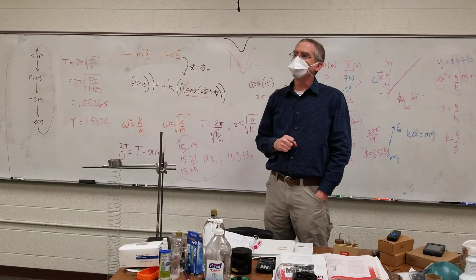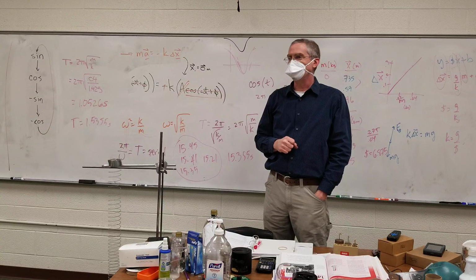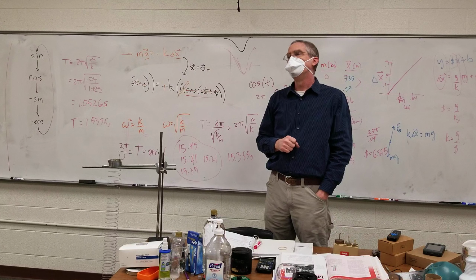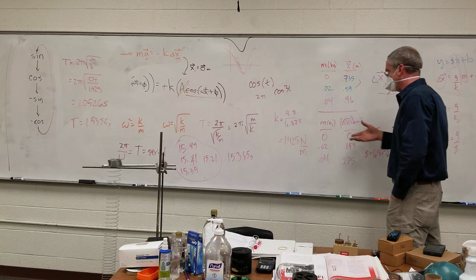It's not the harmonic, it's the dampened harmonic. We did not let it go long enough for the dampened harmonic to cause the issue. And our spring constant seems legitimate.